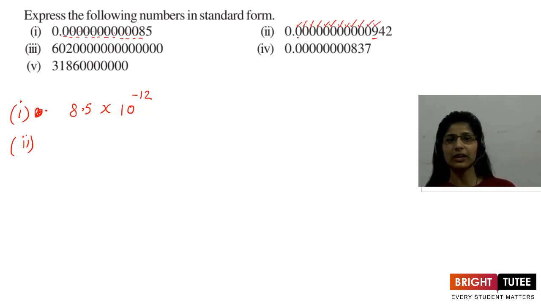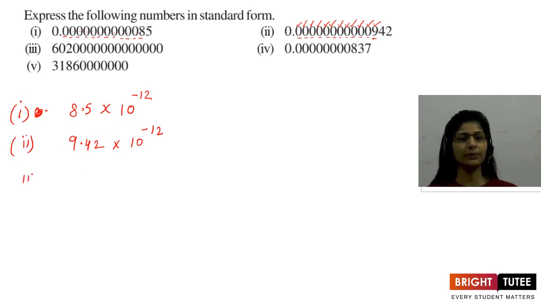You can just count again. 1, 2, 3, 4, 5, 6, 7, 8, 9, 10, 11, 12. So 9.42 into 10 to the power, again we are moving towards the right side, minus 12.